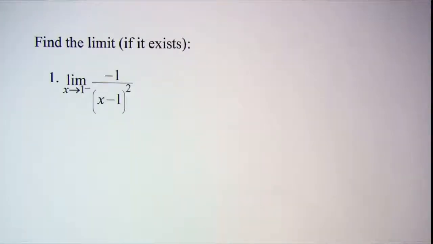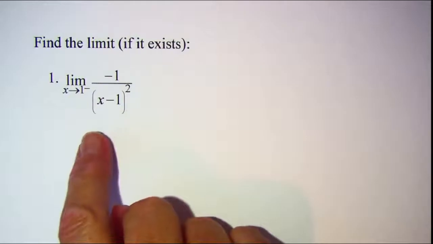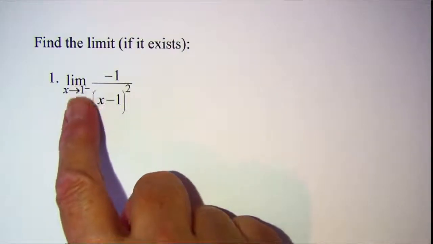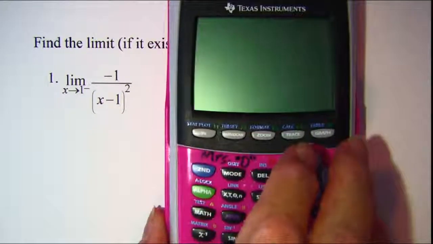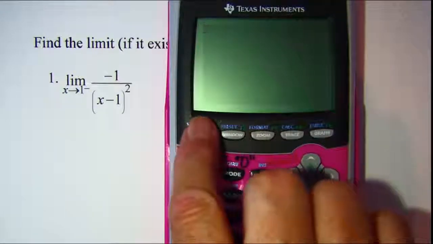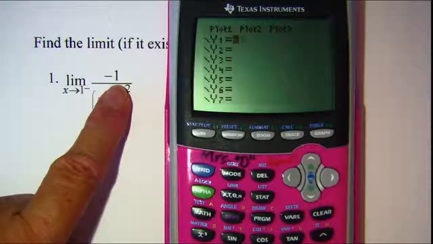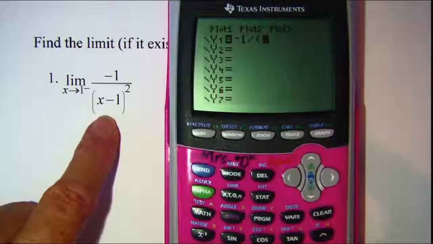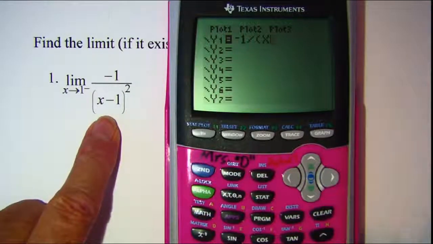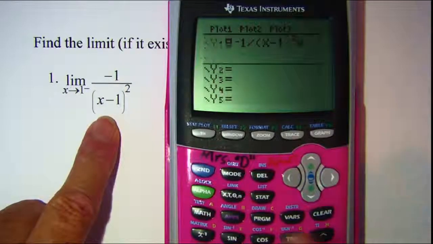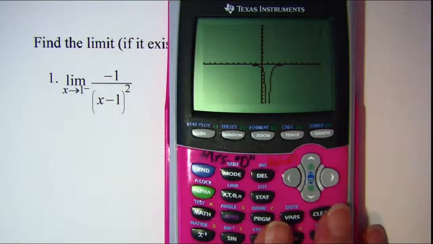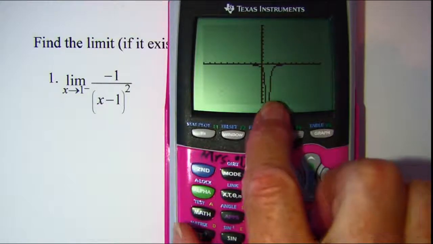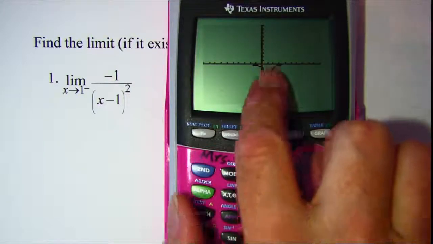So let's find the limit, if it exists, for this problem, the limit as x approaches 1 from the negative direction. Now the graph on this, we have negative 1 divided by x minus 1 quantity squared. And we can see that we have an asymptote at x equal 1.